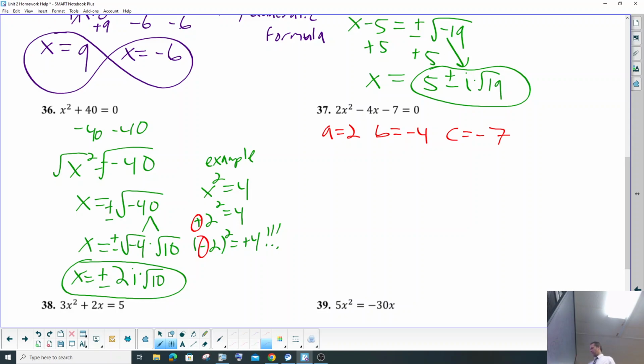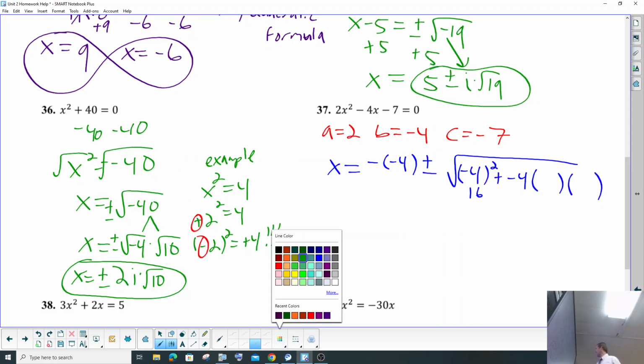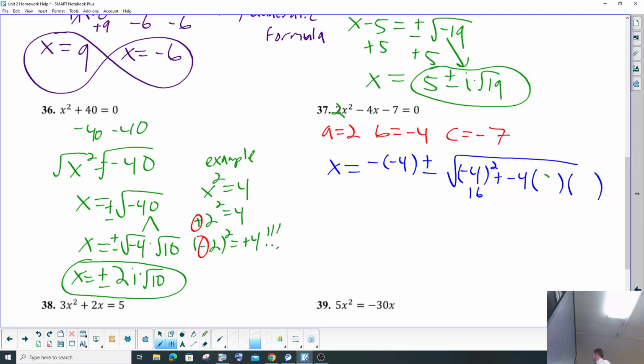Here we go. So x equals negative b, which is negative 4, plus or minus the square root of negative 4 all squared, which will be a positive 16, plus a negative 4ac, where our a value is 2 and our c value is negative 7, all over 2a.